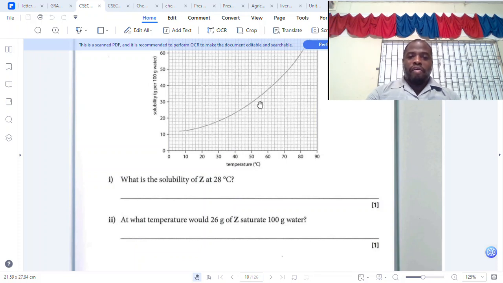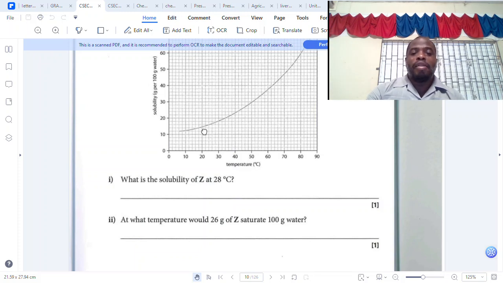Now any point above the curve, we consider that to be supersaturated. Normally, a point on the curve itself is when it is saturated. So if I made mention that at 20 degrees we have 20 grams, this is above the curve. So this simply means that this is supersaturated.